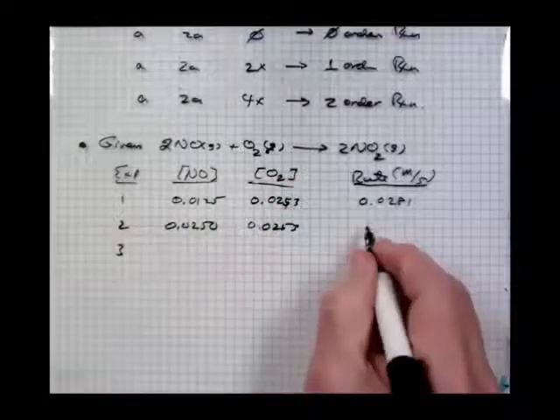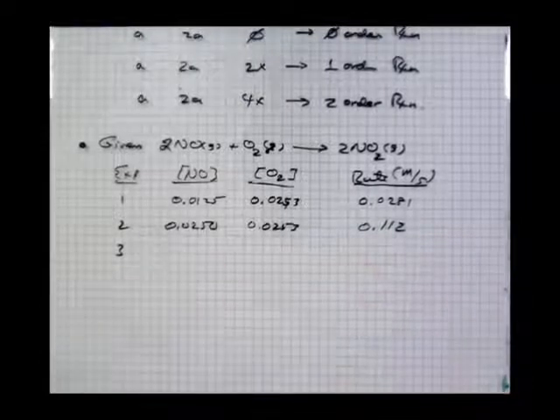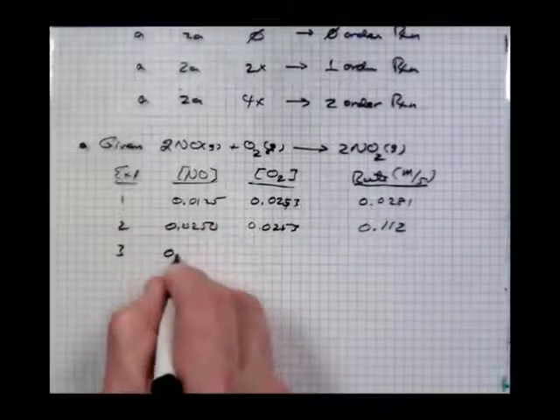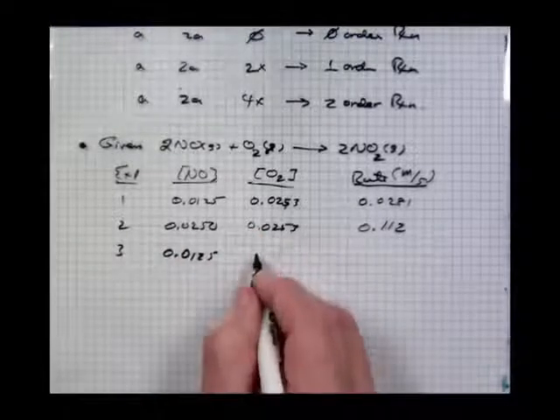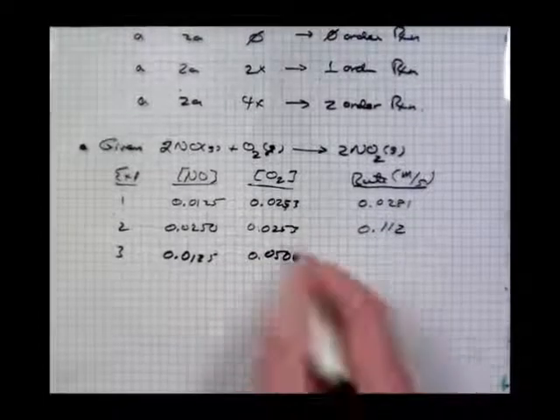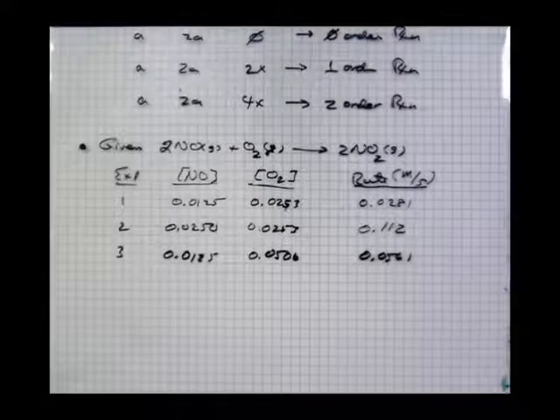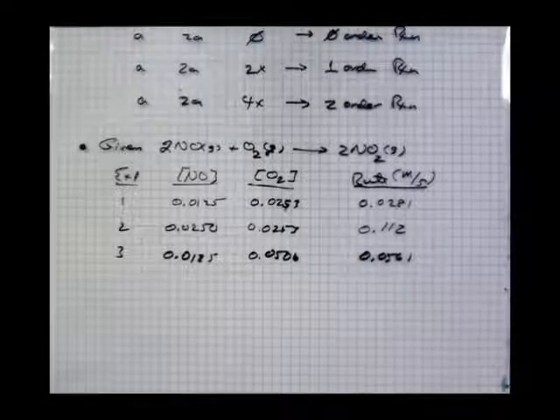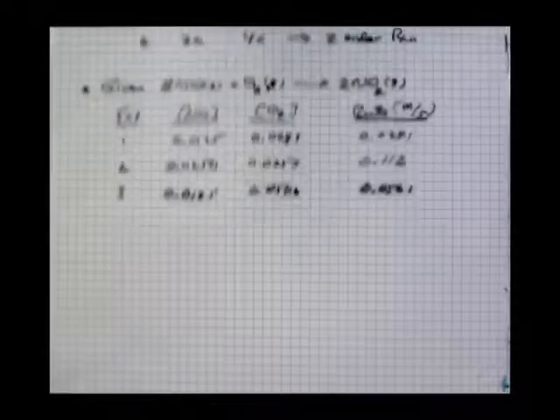Okay, and that gives you 0.112 mole per liter per second. The third one is 0.0125, so we're holding that one constant now. And then we'll go to 0.0506 molar, and that gives us a 0.561 rate. Okay, so the idea is to determine the rate law of this.